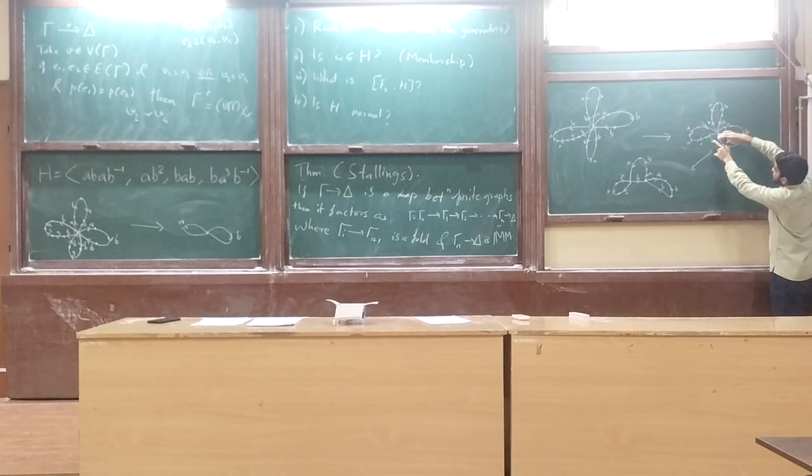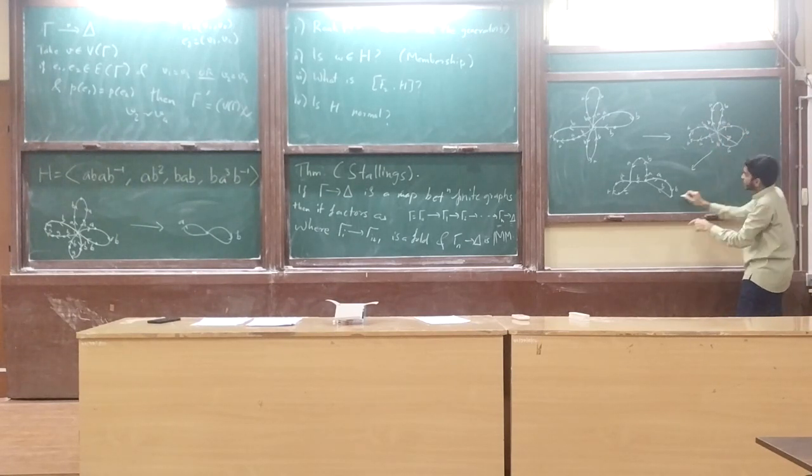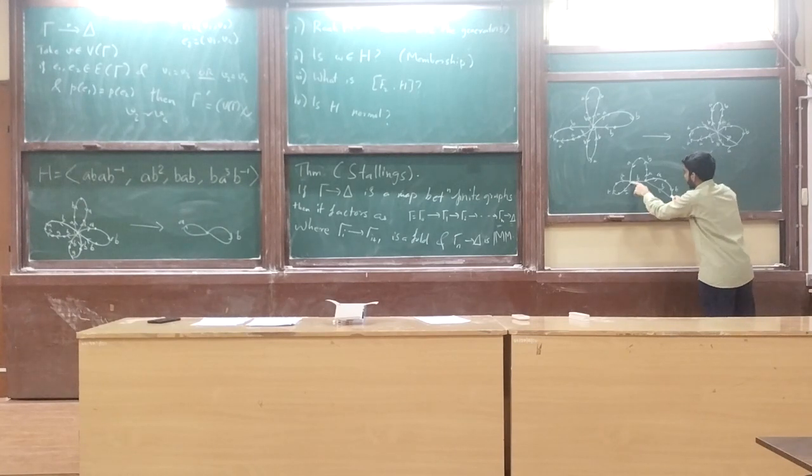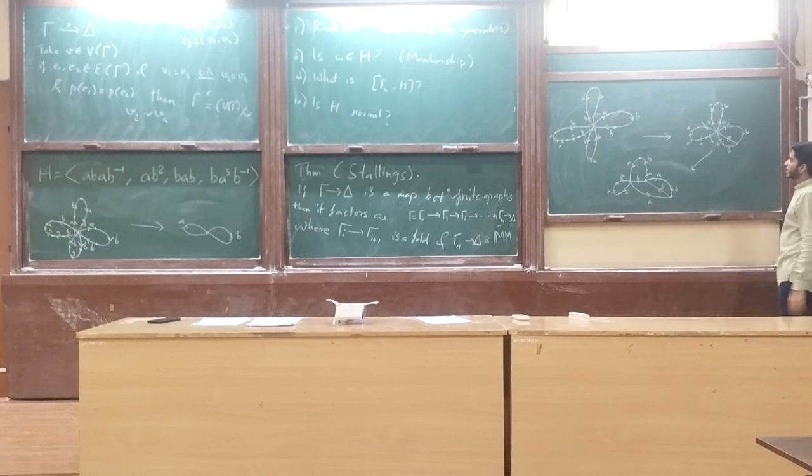So again, these two also got identified, right? So this point, which had an a edge going to this point, also comes here. And the orientation is exactly the same. I think this should be our graph. Yes, this is our graph.